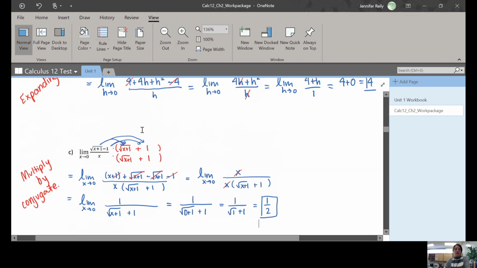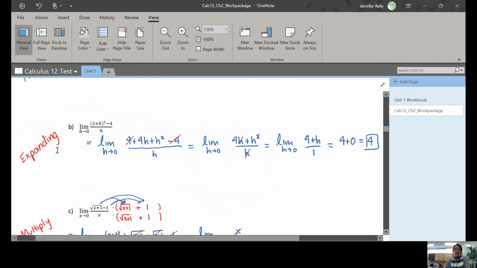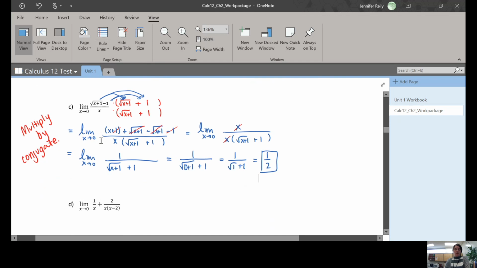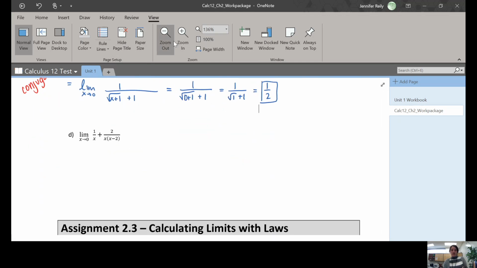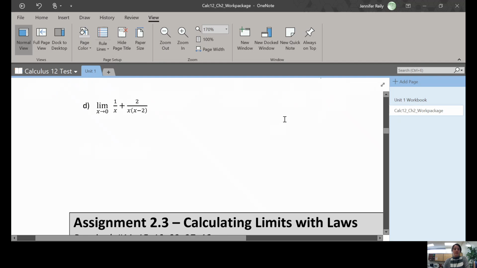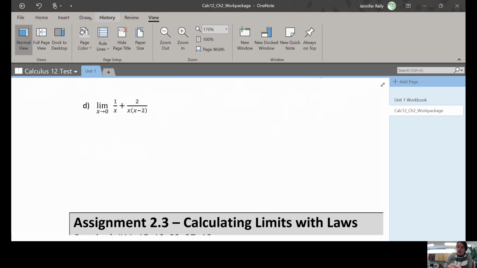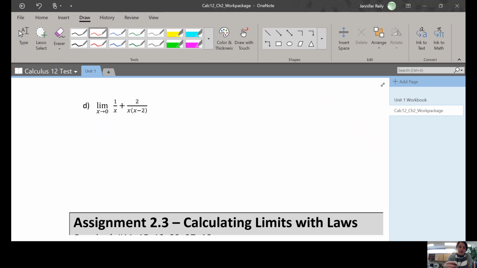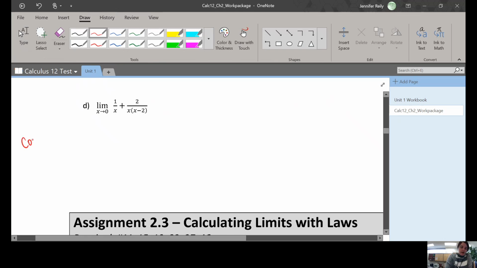So far we've done 3 strategies: factoring, expanding, and multiplying by the conjugate. The last one pops up quite a bit also. It is when you have multiple fraction terms. The strategy is common denominator.